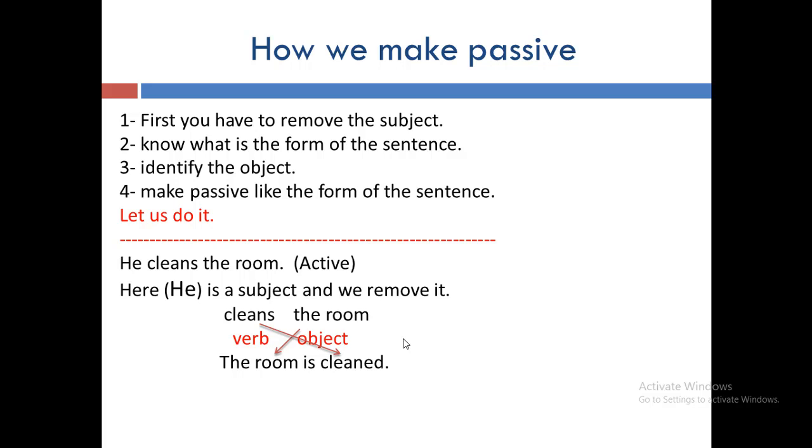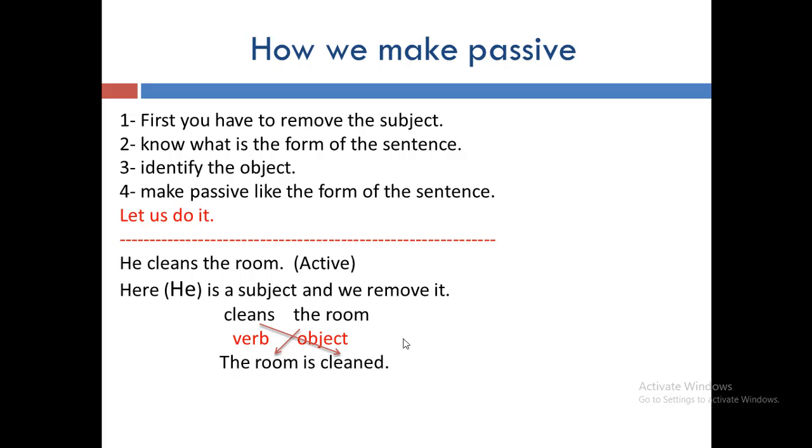The third point is identify the object, because the object in passive is very important and it's vital. Okay, number 4, make passive like the form of the sentence.